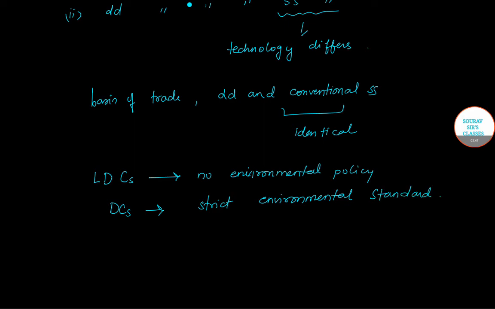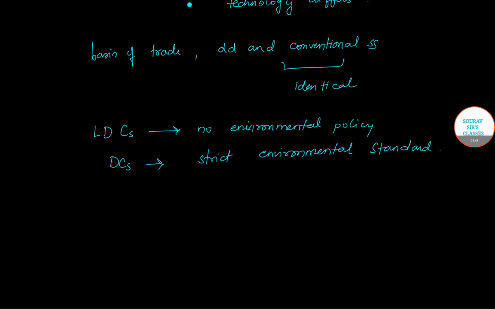Now, these differences in environmental standard can be explained in terms of the weapon which we are going to introduce today, the environment Kuznets curve. And throughout this tutorial, whenever I write EKC, this abbreviation actually means environment Kuznets curve.